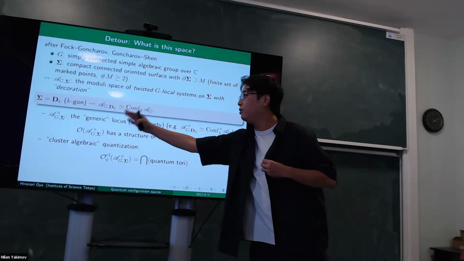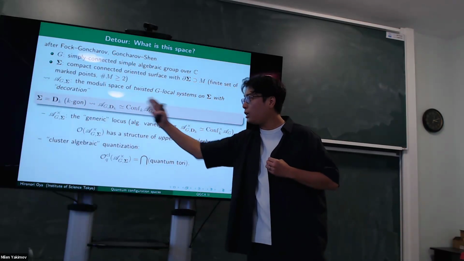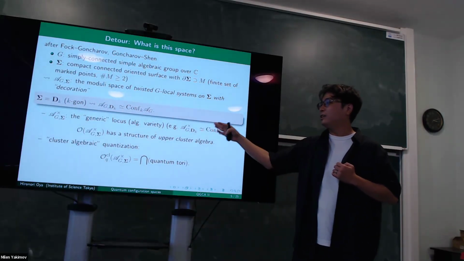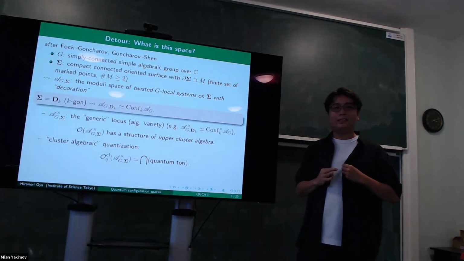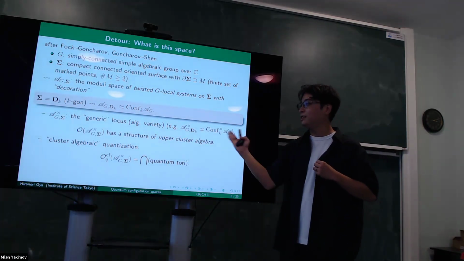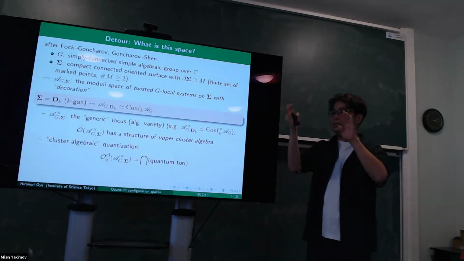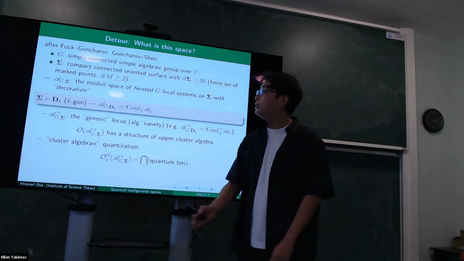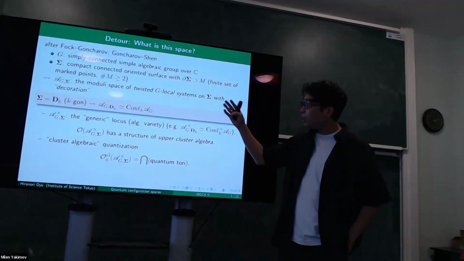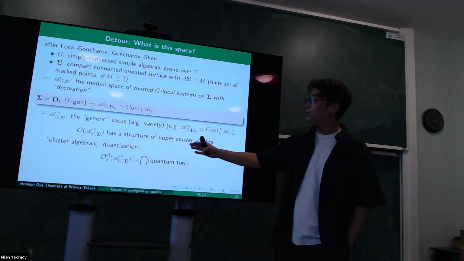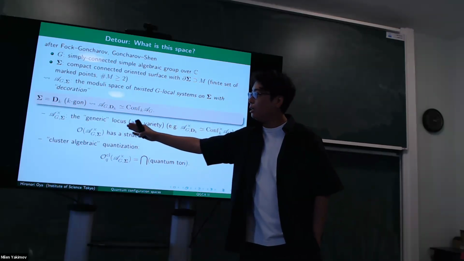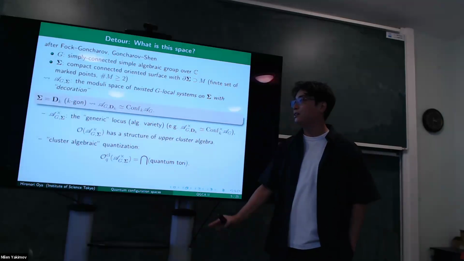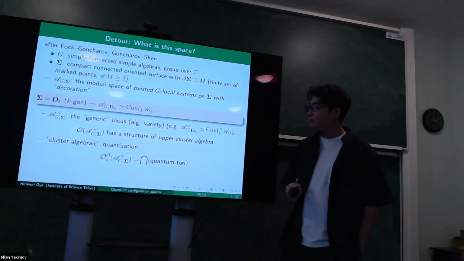If we impose a generic condition, then in this case we obtain the generic configuration space. One of the interesting points of this story is that the function ring on this variety has the structure of a cluster algebra.